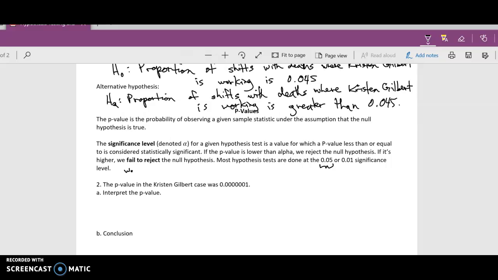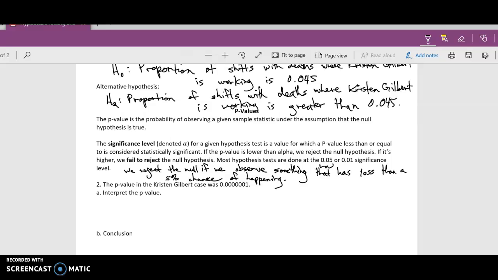This means that we reject the null if we observe something that has less than a 5% chance of happening, or 1%, depending on which one we're talking about.